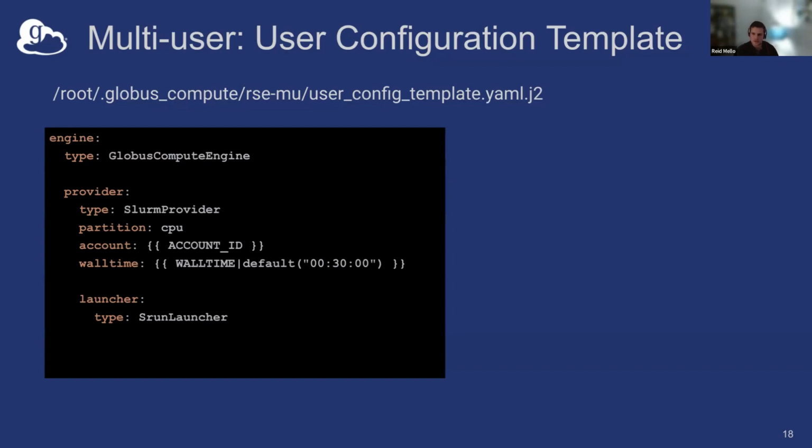It'll be isolated in whatever local user account you're mapping to. If you start a multi-user endpoint as a non-privileged user, it'll essentially operate as a single user endpoint, so only the person who registered the endpoint can submit functions to it. But again, you'll be able to utilize all of these features, like templating your configuration.